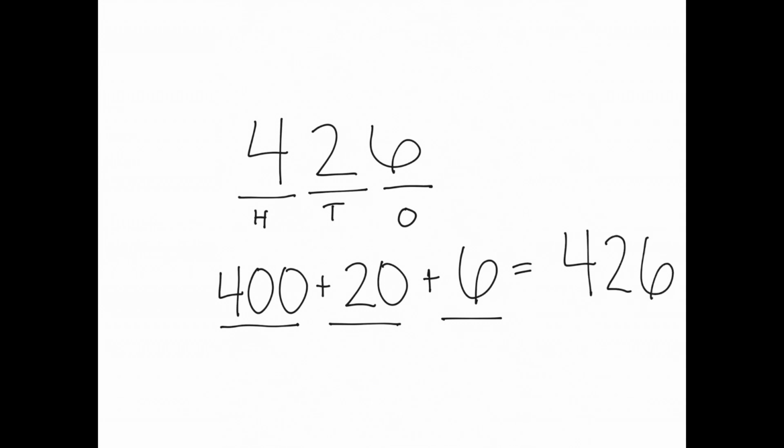Now sometimes you'll see a problem where you are given the expanded form and you need to write the number that goes with it. So let's say I have 400 plus 80 plus 2. 400 plus 80 plus 2.